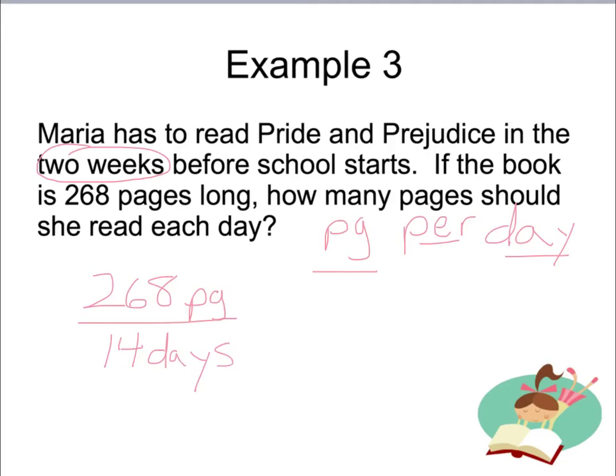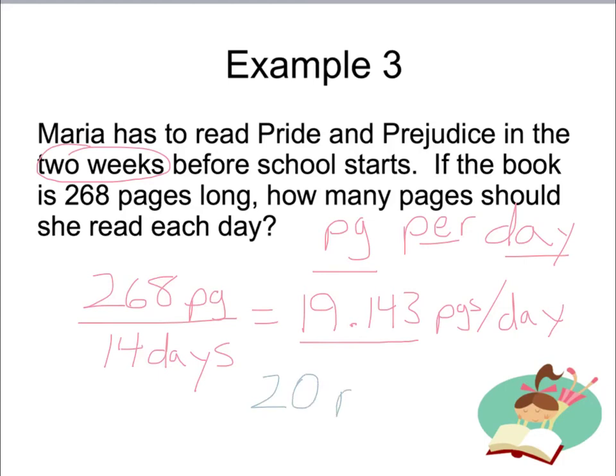When we divide it, we get that she needs to read 19.143 pages per day. Now, the reality of it is you can't read 19.143 pages per day, so this is a problem where you should probably round and say Maria should read 20 pages per day.